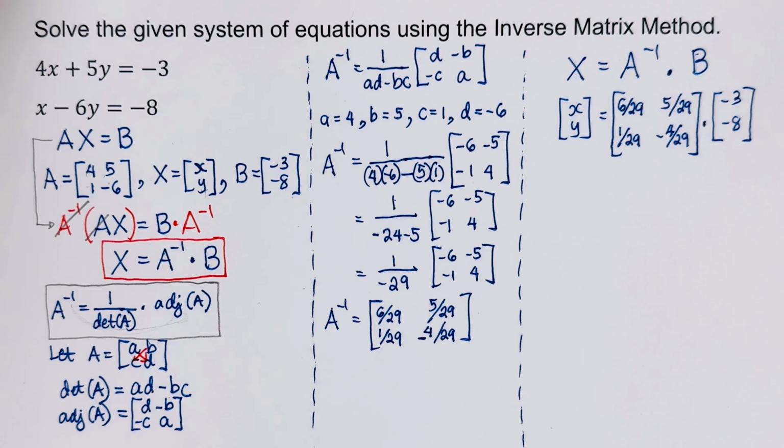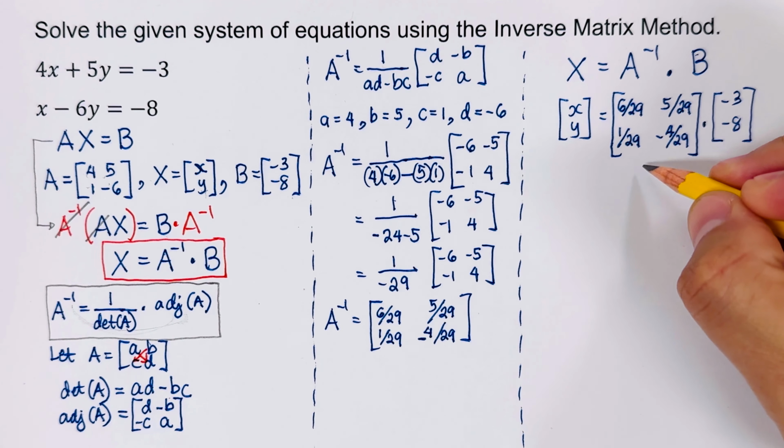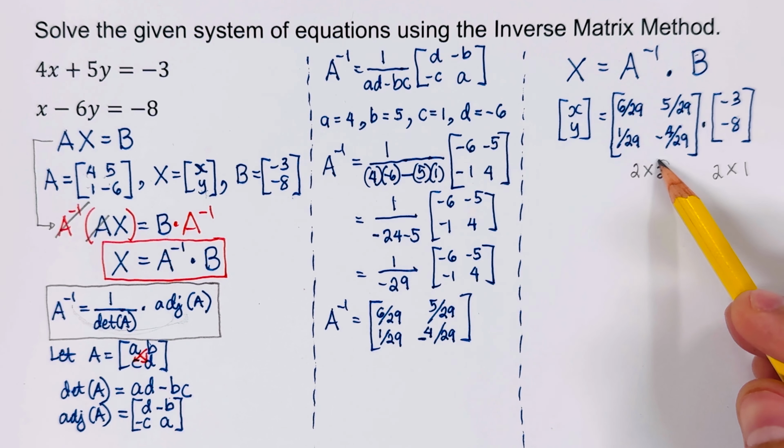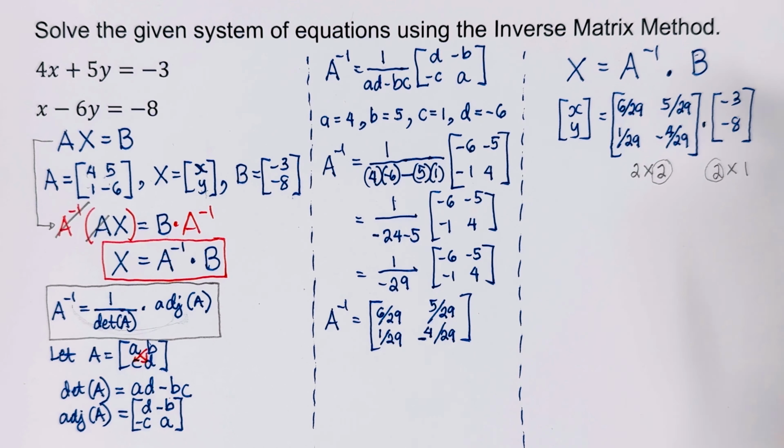We have a 2 by 2 matrix and a 2 by 1 matrix. Notice that these two numbers are the same, so this is possible, which means we can multiply these two together, and the resulting matrix is a 2 by 1 matrix.